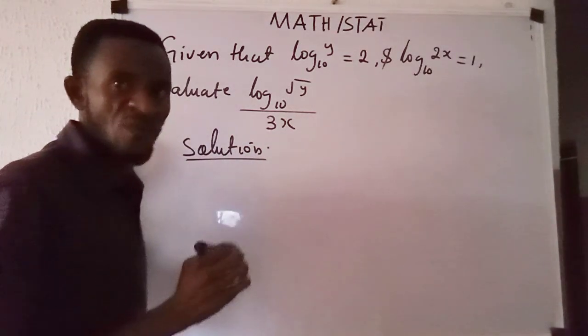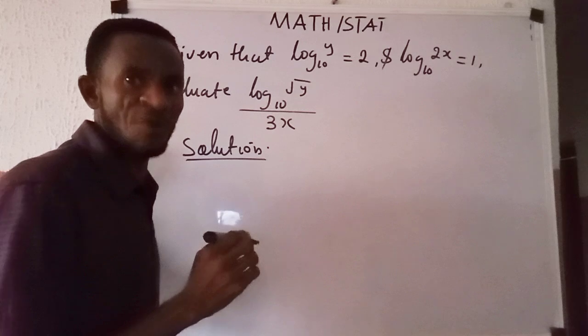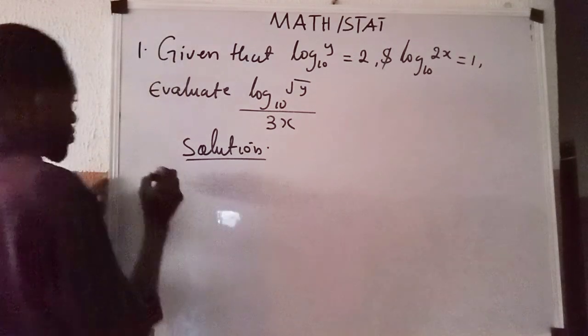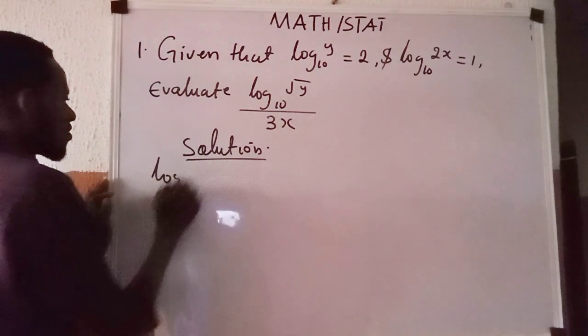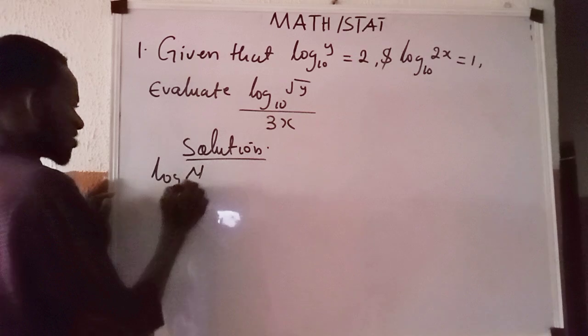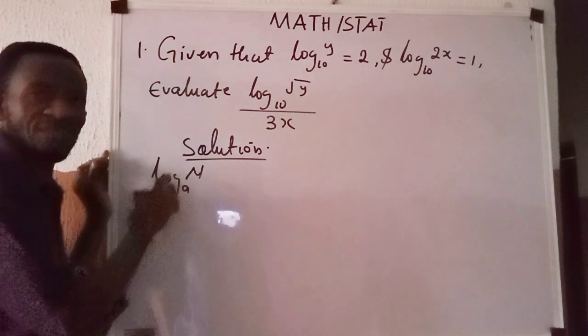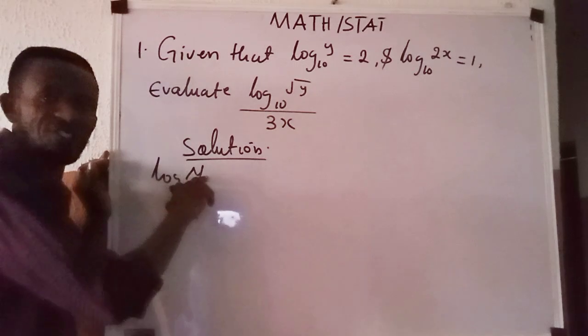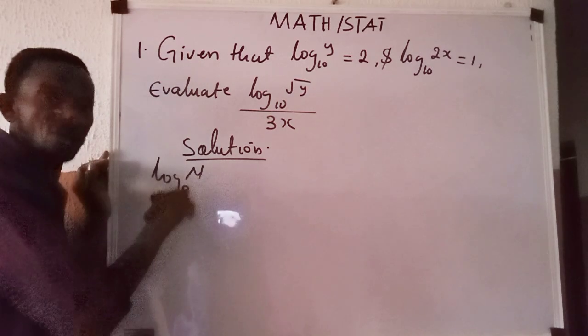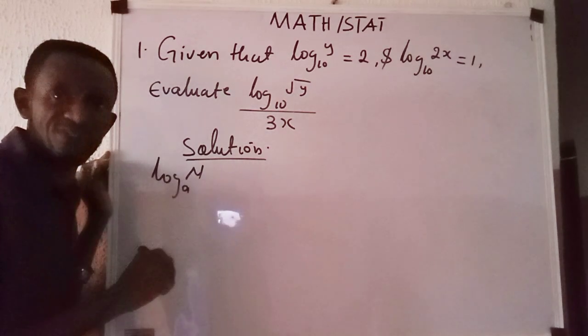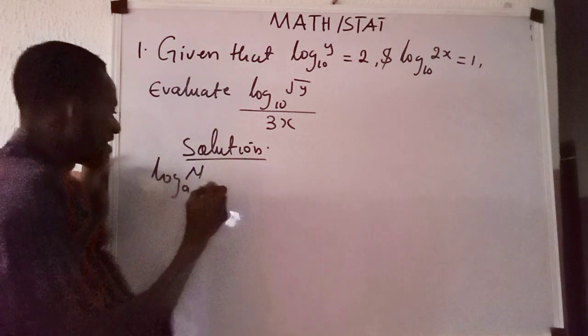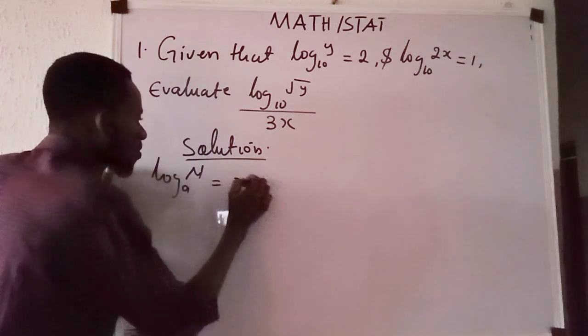Remember that when you are given a log of a number in this form, log of N base A, and you are asked to transform this to indices, you simply can say, let this be equal to x.